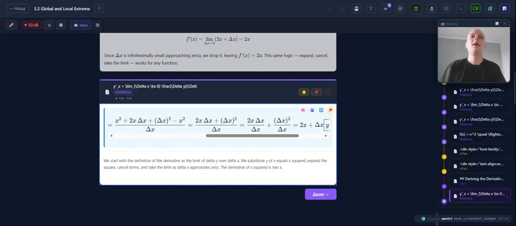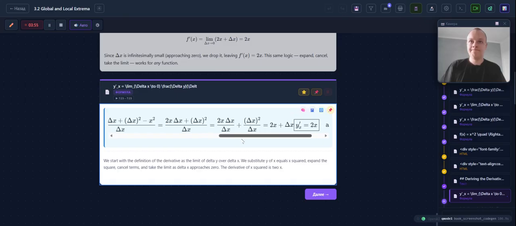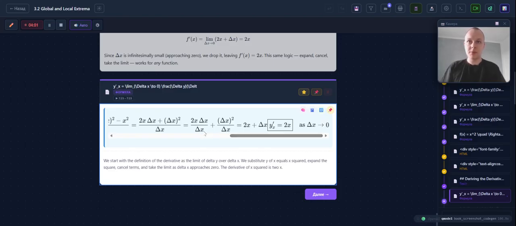So here we will divide both terms by delta x. We will write it like this. So now we divide both sides, and we will get 2x plus delta x. Because delta x is a very small number, we can simply cancel it out, and our answer is that the derivative of x squared equals 2x.